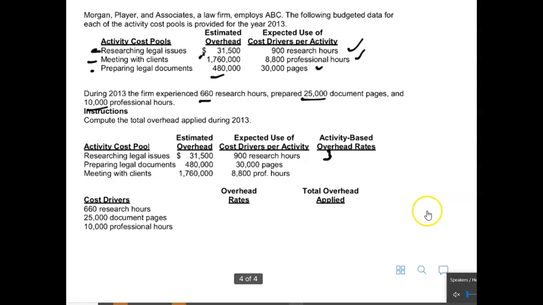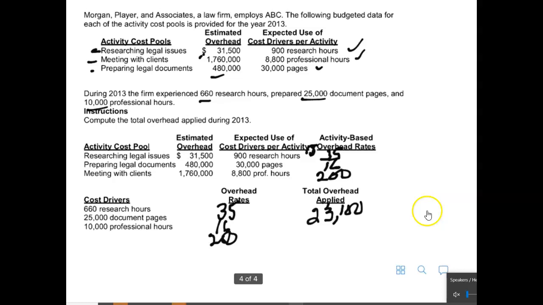So the first one would be $35, and the second one would be $16, and the third one would be $200. So I copy those rates over here, 35, 16, and 200. And here was the actual use of the cost driver, so 35 times 660, 23,100.